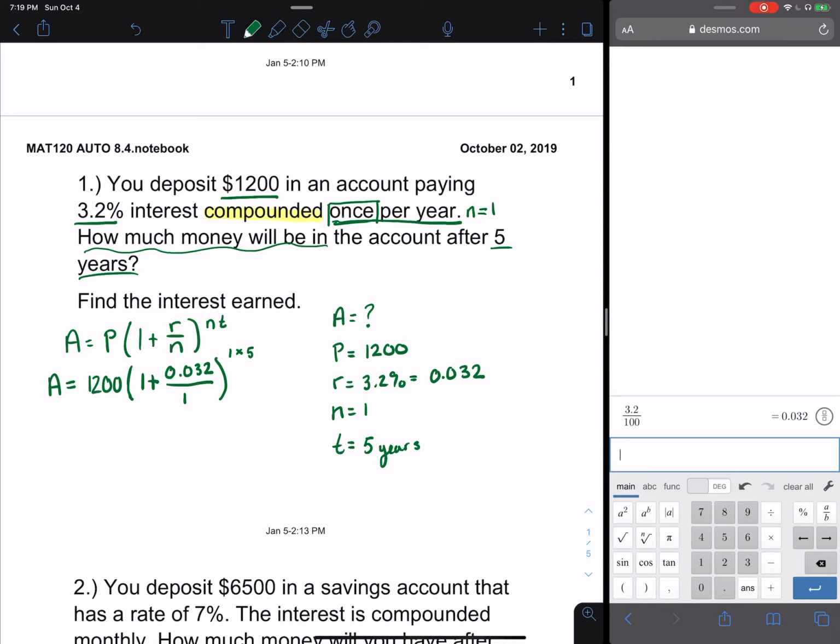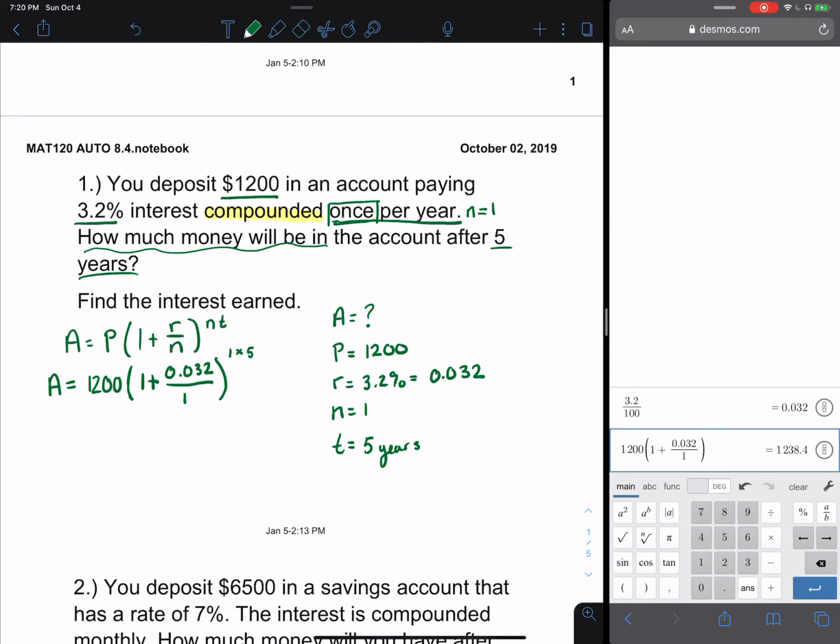So when I'm using my Desmos calculator, I'm going to do 1,200, open up a set of parentheses, 1 plus 0.032 divided by 1. I'm going to hit the right arrow to get out of the fraction, and I'm going to close the parentheses.